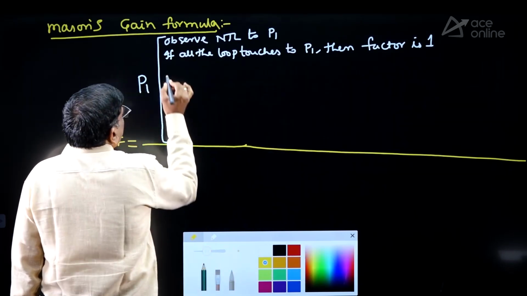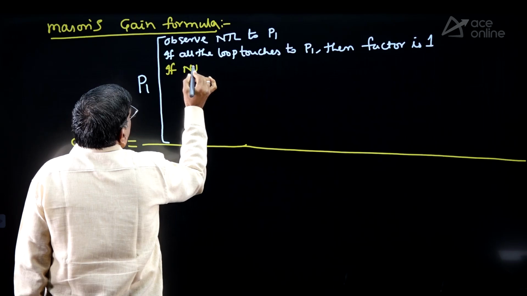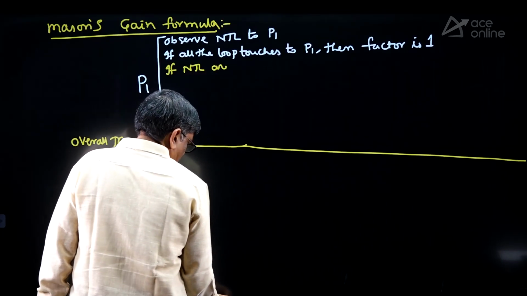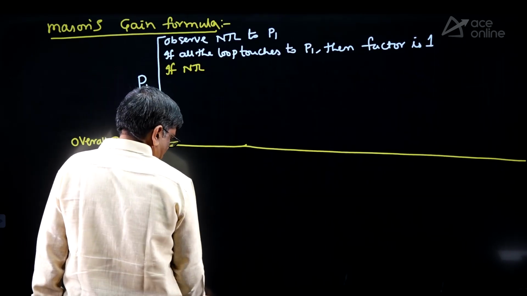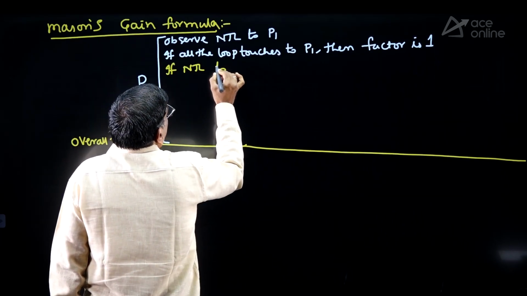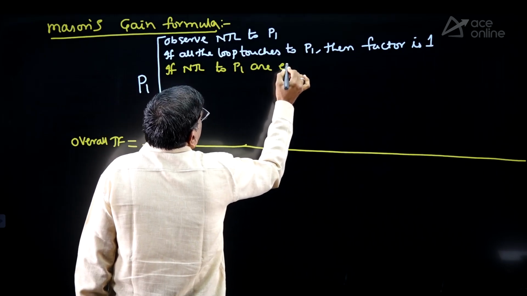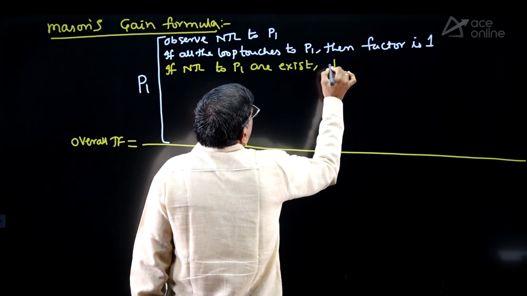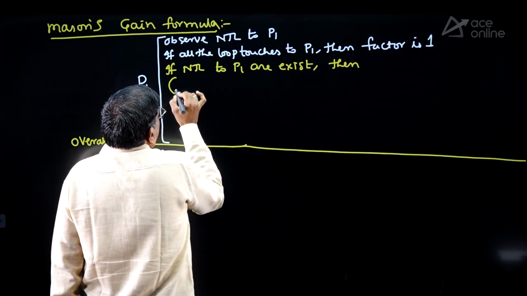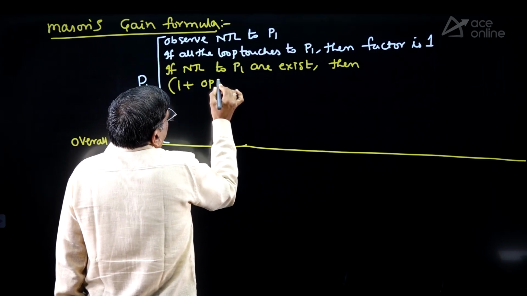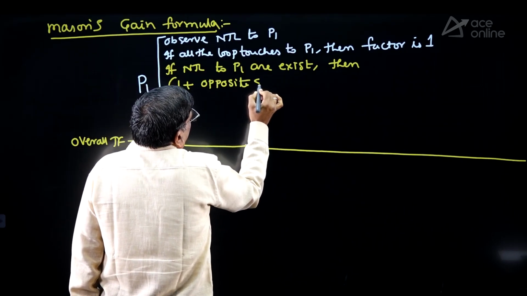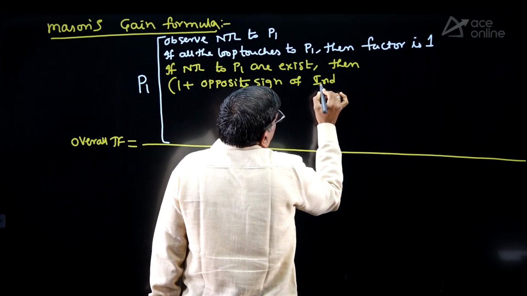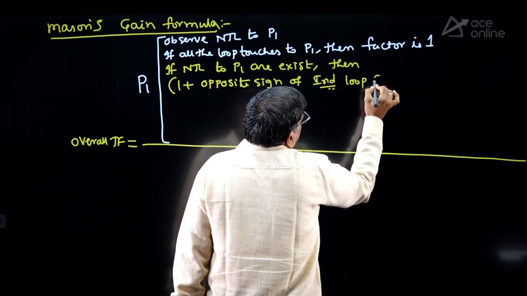If non-touching loops to P1 exist for the first forward path, then you have to write 1 plus opposite sign of individual loop gains.